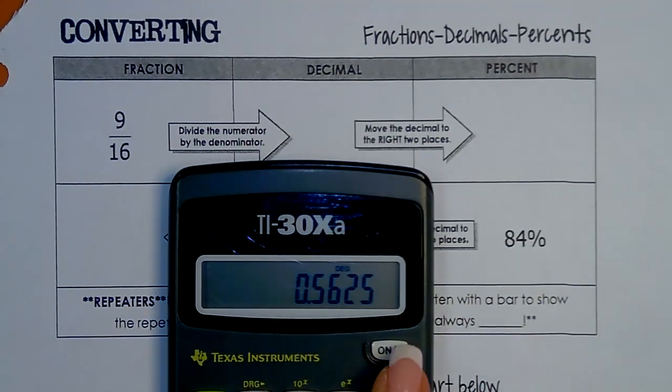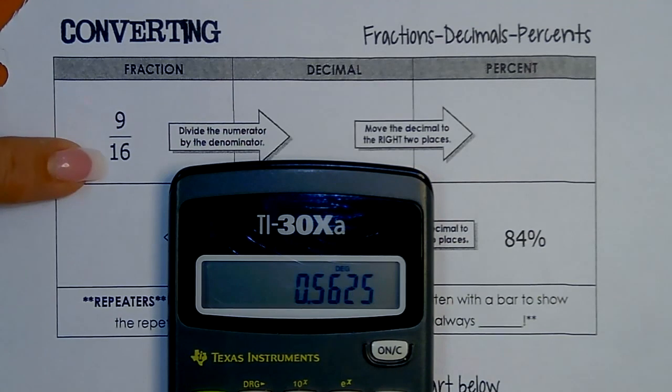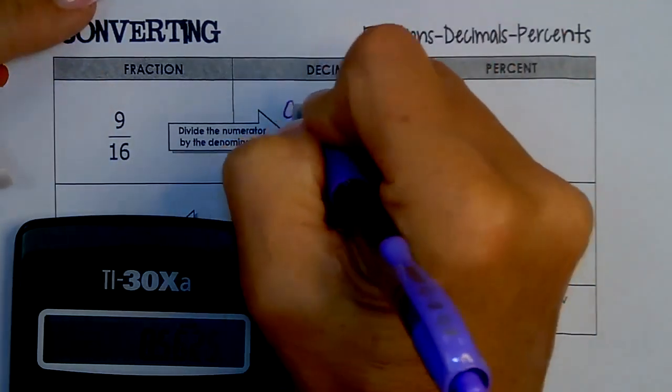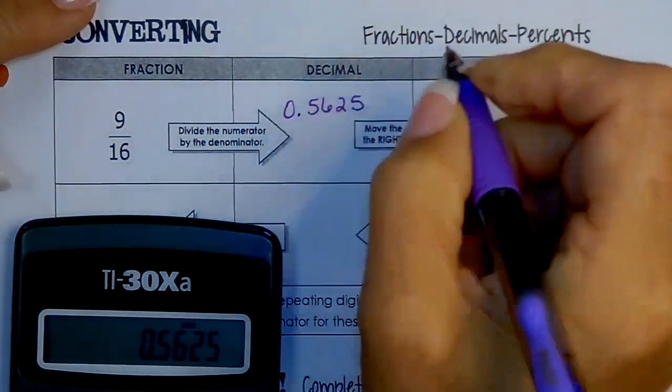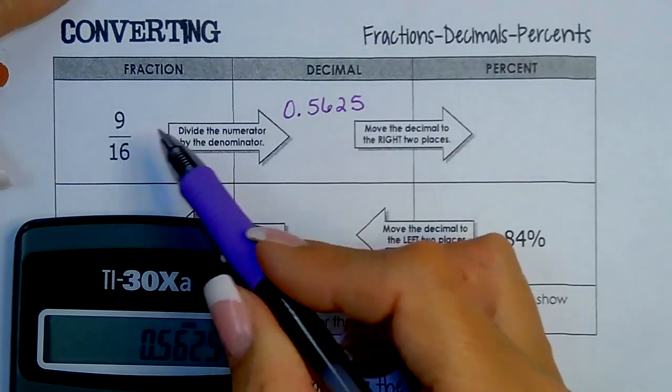So I am going to type in the 9, and then a divide sign, and then the 16, and hit equals, and I get 0.5625. So that's the decimal for this fraction.